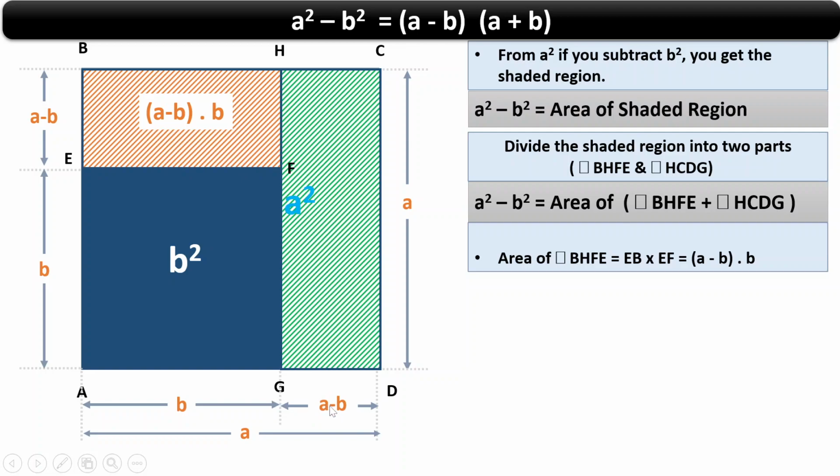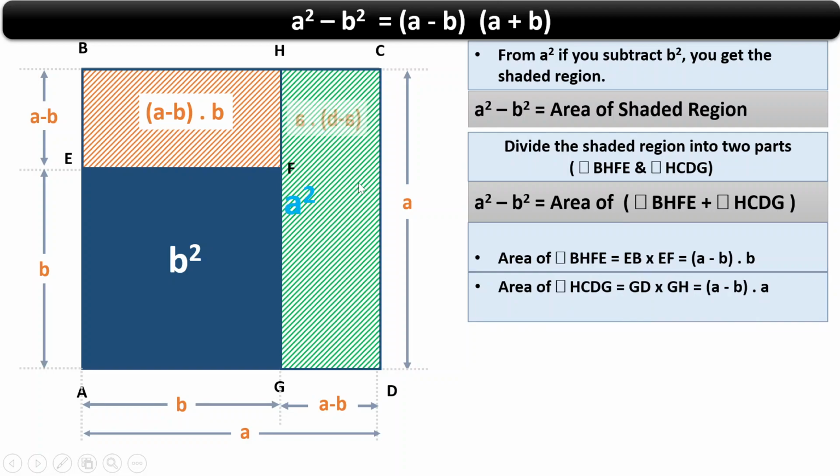If you want to know this side, subtract B from A, you will get A minus B. So what is the formula? L into B, A into A minus B is the area of this rectangle. A minus B into A, right? So if you add these two rectangles, you will get the entire area.